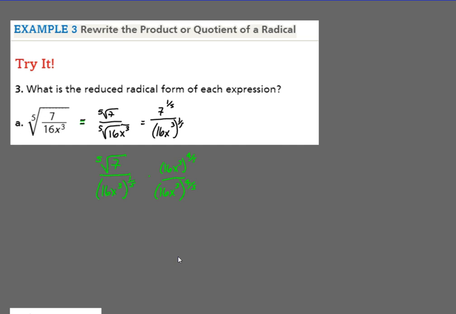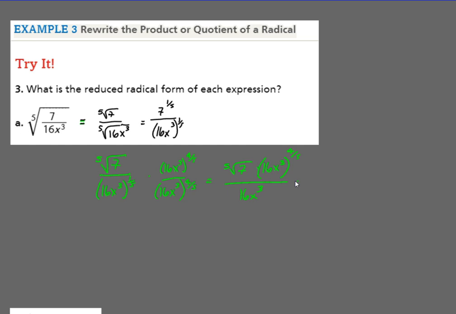Okay, I have to do it top and bottom. Now, the reason that works is the 1/5 and the 4/5 become 5 over 5. This is going to be the fifth root of 7, that's this one, times 16x cubed, all to the 4/5 power, all over, remember when you multiply these, you get 16x cubed to the 5 over 5, which is just 16x cubed.